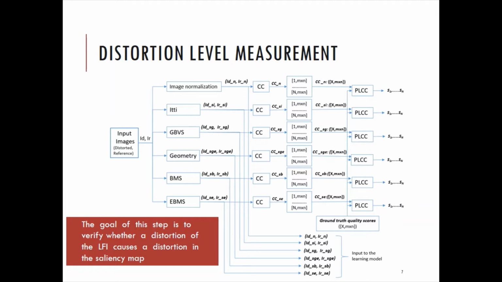The pairs IDX and IRX depict the normalized version x equal to n for the input ID and IR images. The same notation scheme holds for the correlation coefficients obtained as an output of the CC block.